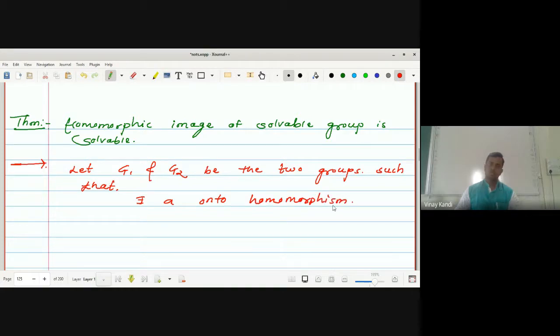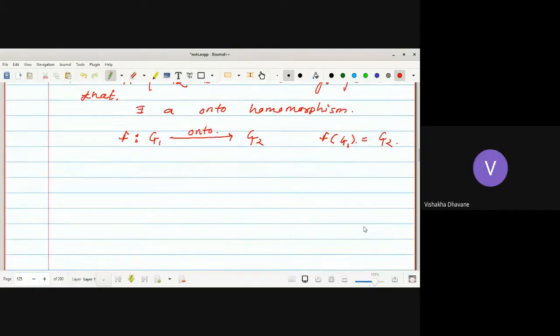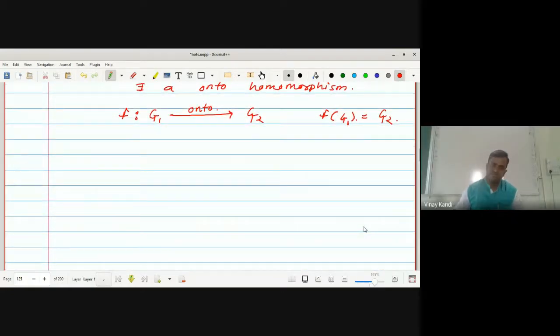What is f? F is a function from G1 to G2 such that the function is onto. That means f of G1 is equal to G2. Why? Because the function is onto, that means the range is equal to the codomain. Any doubt? No, sir. There exists a function f from G1 to G2 which is onto.